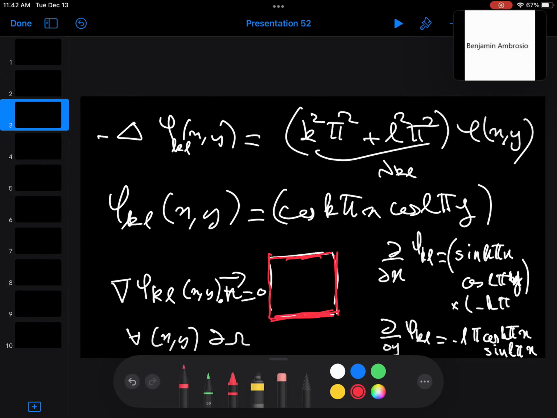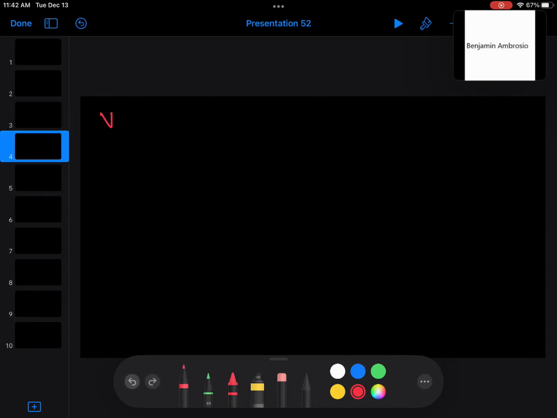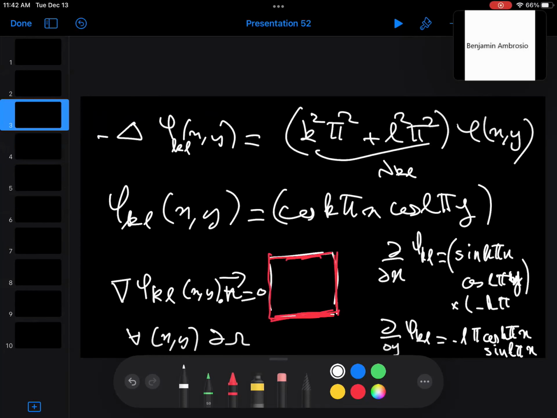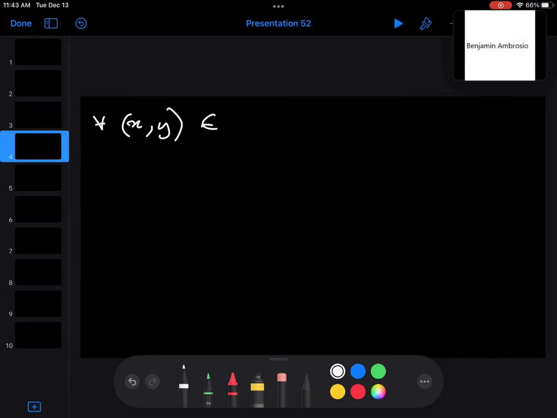So here you have that y equals 0, so x belongs to 0, 1.